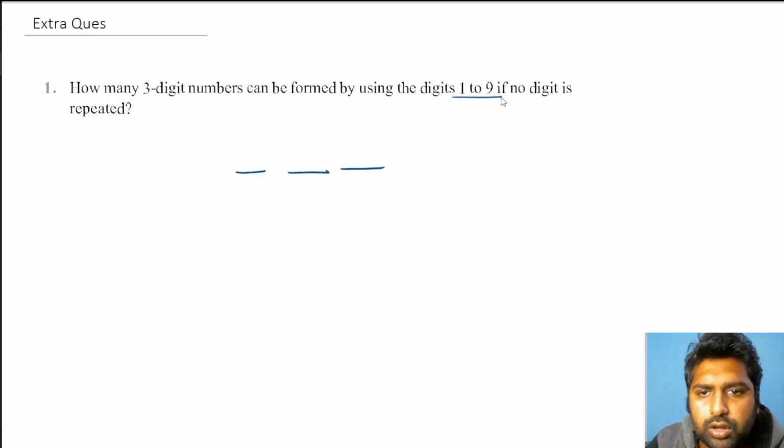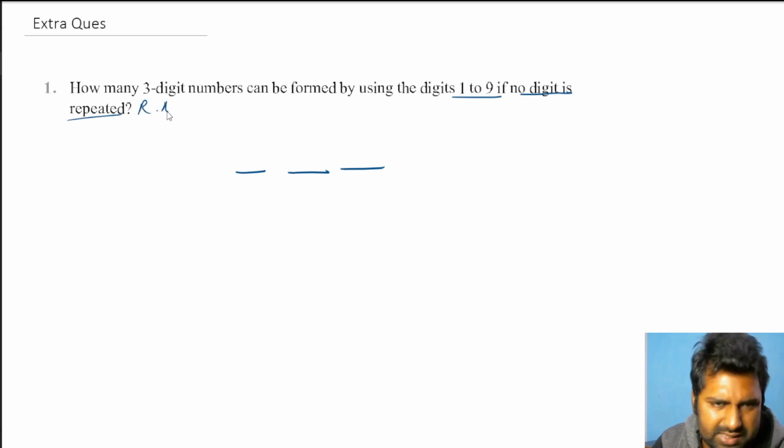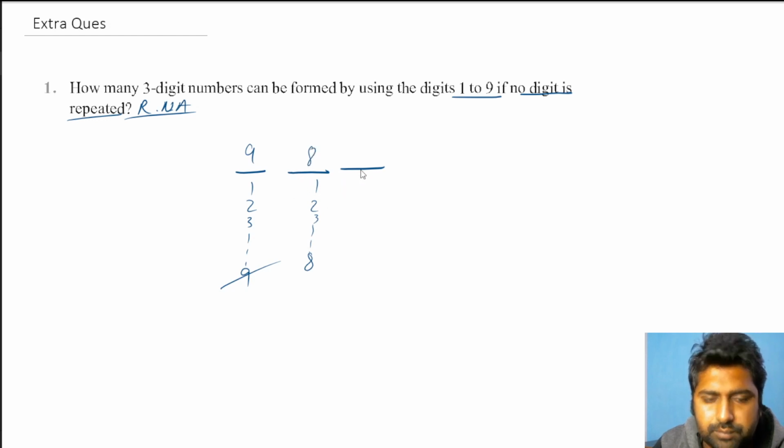This time he's using all the digits from 1 to 9, so 0 is not used. If no digit is being repeated, so repetition not allowed, this time it's directly stated. So 1, 2, 3 up to 9, anything can be used for the first digit. So 9 options. For the second one, repetition is not allowed, so you'll have 1, 2, 3 up to 8. So 8 options for the second position.